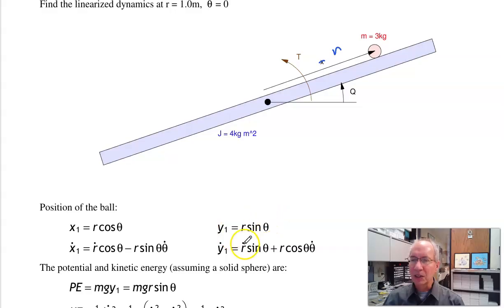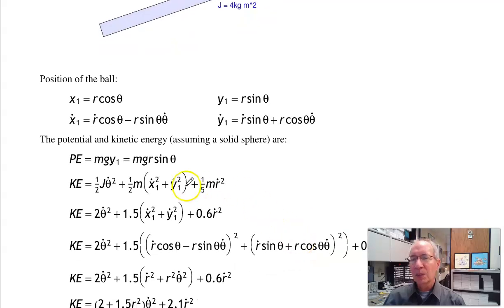Y dot is r dot sine theta plus r cosine theta theta dot. Potential energy is mgy, so it's m g r sine theta. Kinetic energy is 1/2 J theta dot squared plus 1/2 m (x dot squared plus y dot squared), plus, as the ball's rolling, the rotational inertia. Assuming a solid sphere, it will be 1/5 m r dot squared. We did that derivation earlier.